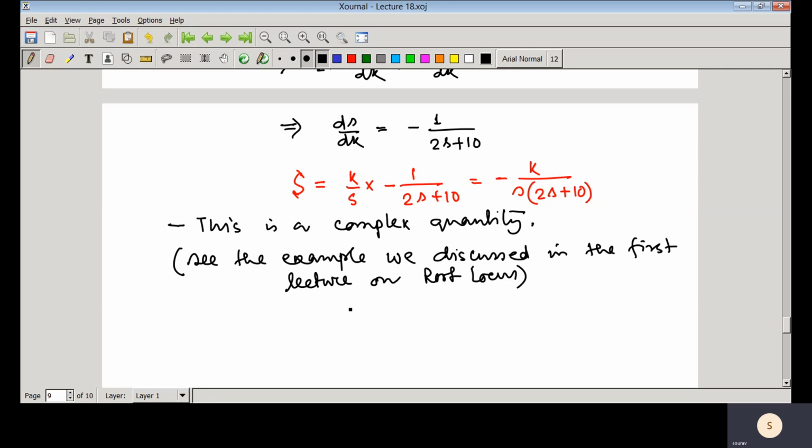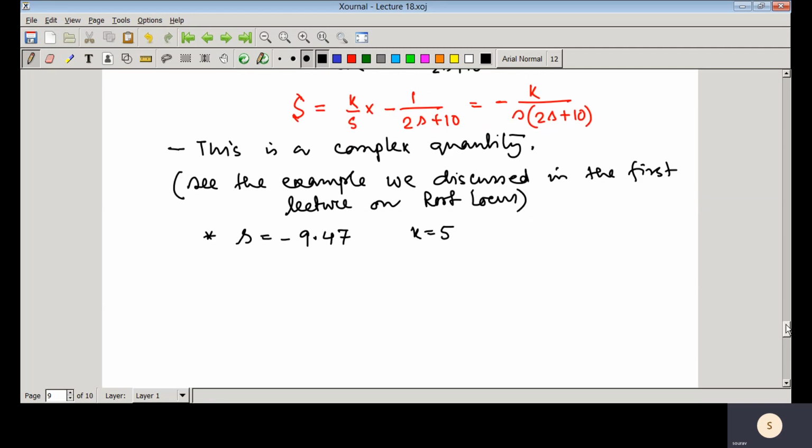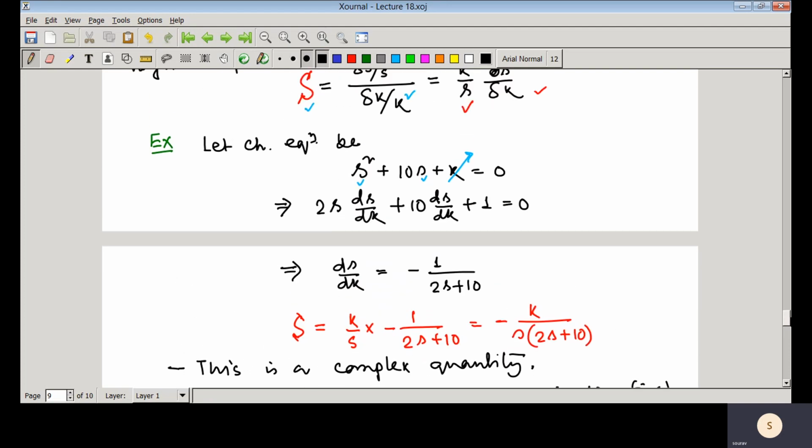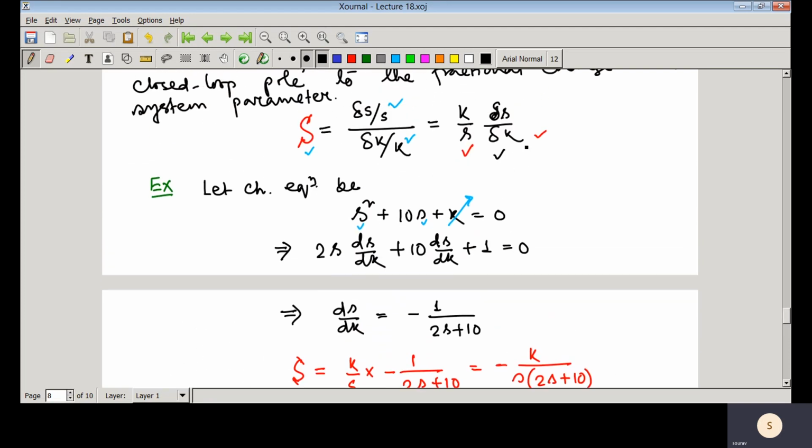From that example we are taking data, that means we get S equal to, the location of that pole was minus 9.47 when K was 5. So in that case, what would be the root sensitivity? Root sensitivity, that is S, equal to K by S into del S by del K.